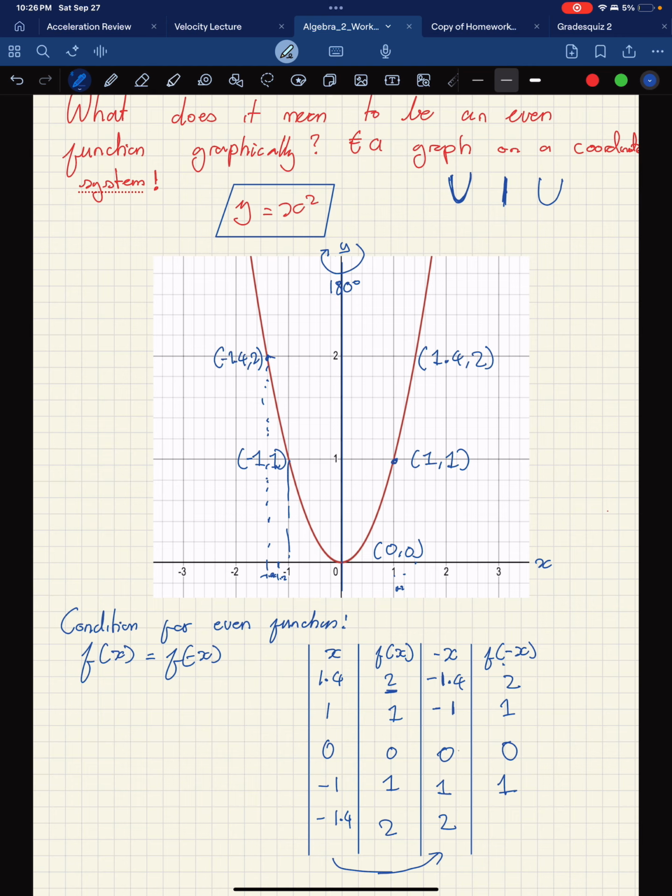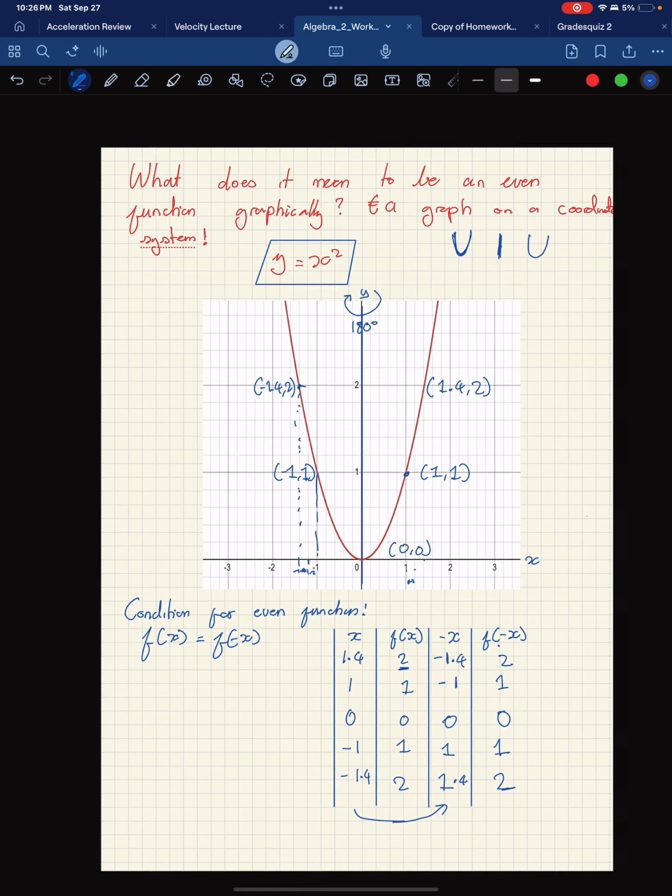Sorry, if I go to minus x, what? Sorry. This is a mistake. This x here is supposed to be +1.4. If I go to +1.4, I get 2.